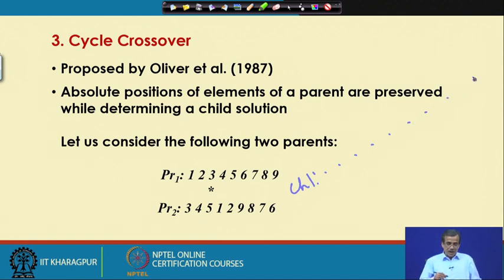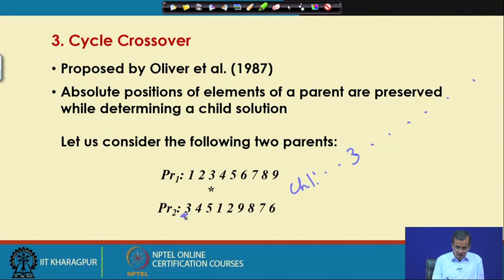Now, here what we do is, we start from the third location. To get the child 1, we start with the city 3, which is lying at the third position of parent 1. So, let me put the city 3 here at the third position, and once I put the city 3 at the third position, I will try to find out the location of city 3 on parent 2.